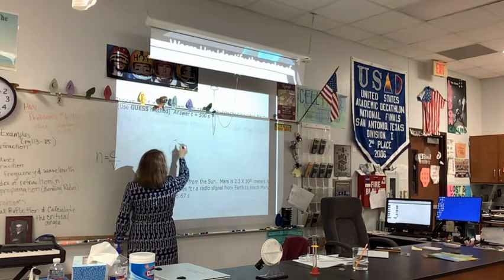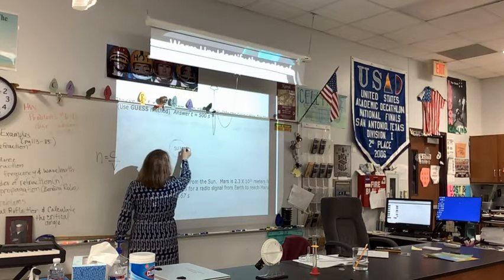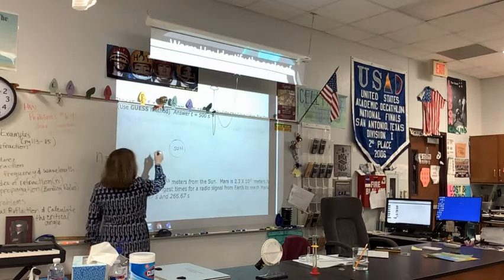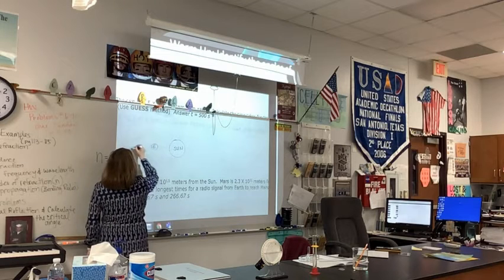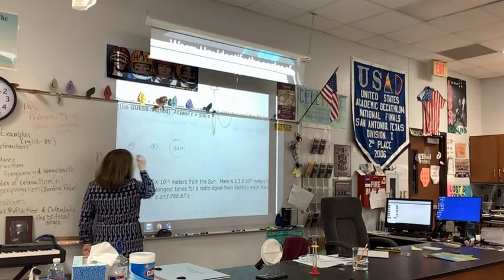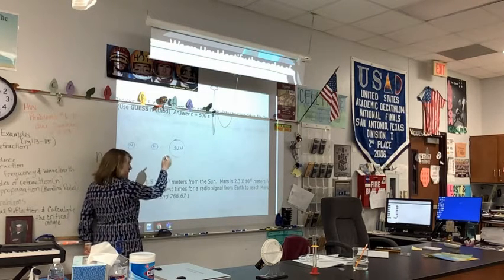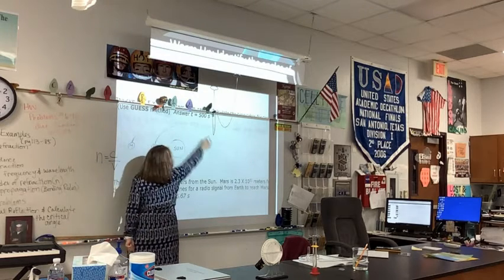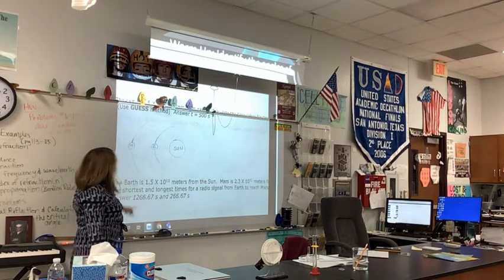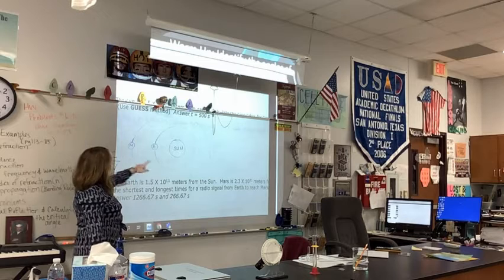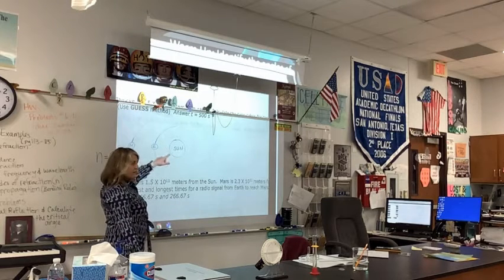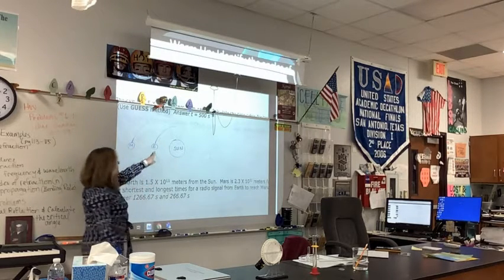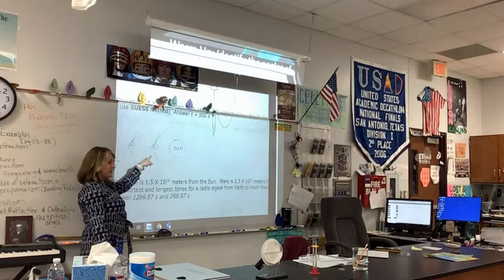So if this is the sun, there's Mercury, Venus, Earth, and Mars. Both of them are orbiting the sun, right? Because they're going different distances and traveling at different speeds, sometimes they end up on the same side of the sun.